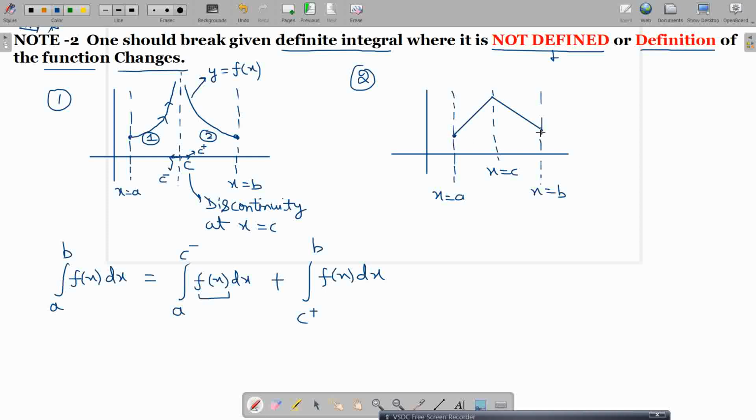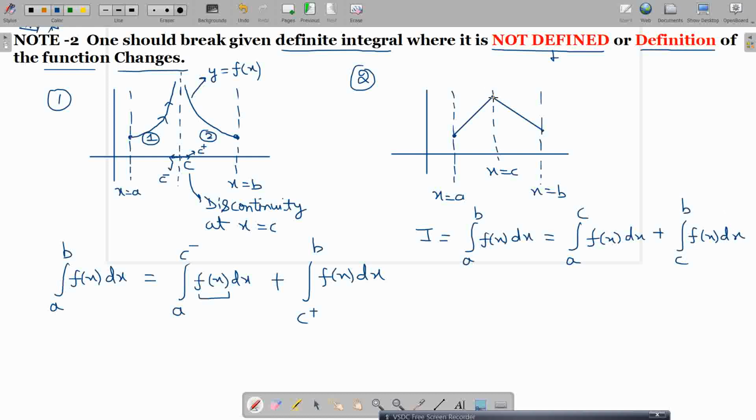There is no discontinuity at x equals c, right? So what we write here is the integral from a to b of f of x dx is defined as the integral from a to c of f of x dx plus the integral from c to b of f of x dx.